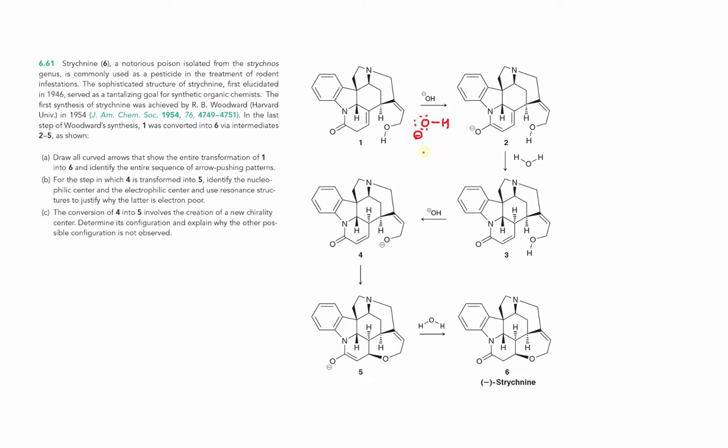So I have a minus sign there. Also, another thing is I'm gonna have to clip this hydrogen. So you notice that there are two hydrogens there, but only one is retained.